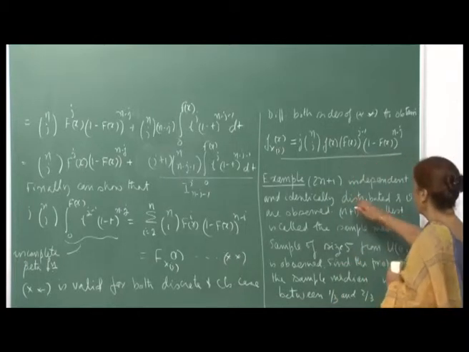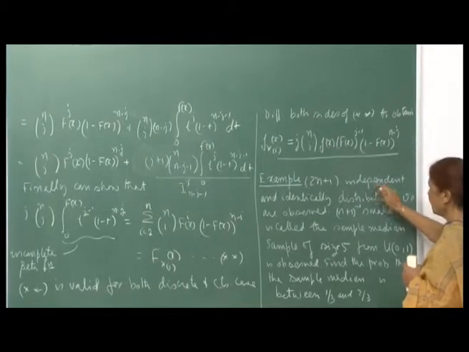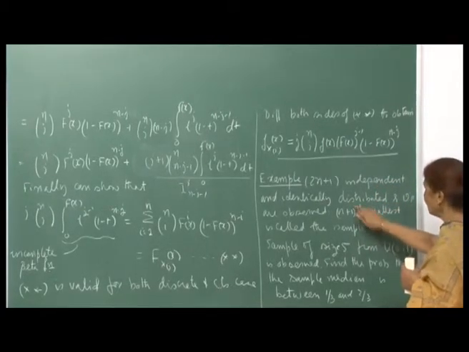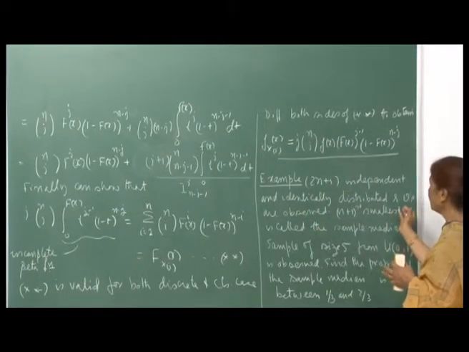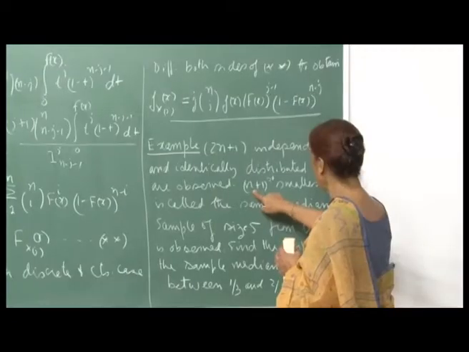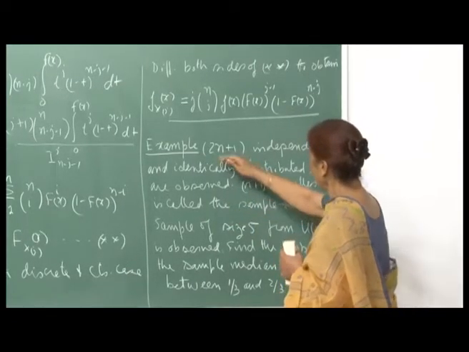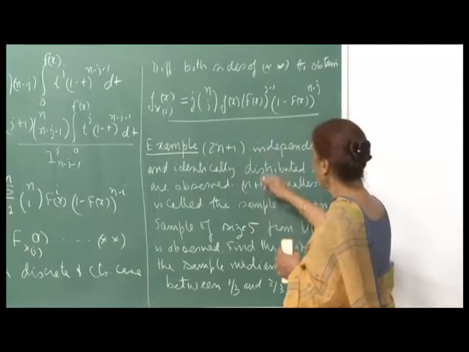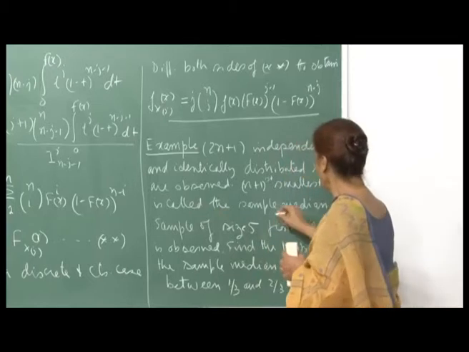So, if you have a sample of size 2n plus 1, independent and identically distributed random variables are observed, then the n plus first, see n observations on this side and on this side. So, n plus first is on the center, when you arrange them, order them, and then the n plus first smallest is called the sample median.